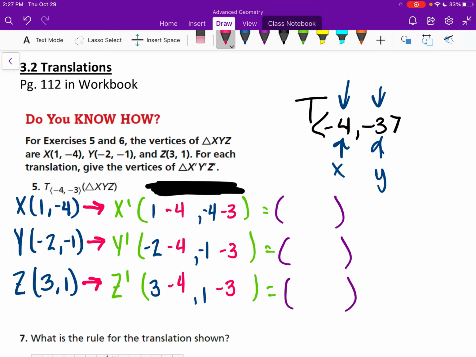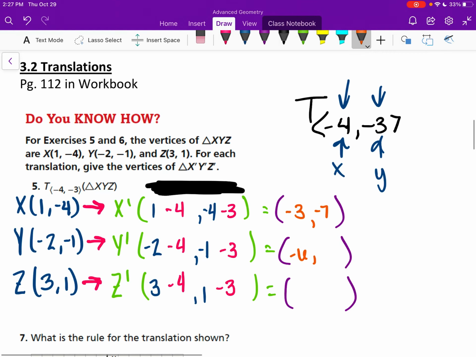So we just need to do these calculations. 1 minus 4 would leave us at -3. -4 minus 3 is -7. -2 minus 4 is -6. -1 minus 3 is -4. 3 minus 4 is -1. And 1 minus 3 is -2. So now we have our new x, y, and z prime. We shifted the entire figure left 4 and down 3.